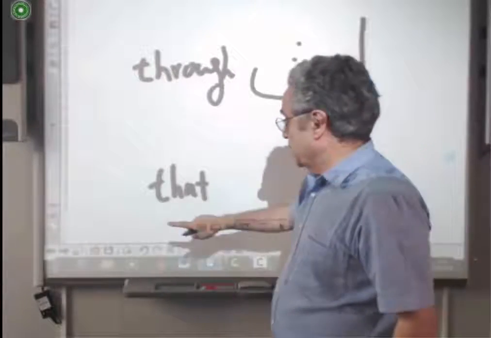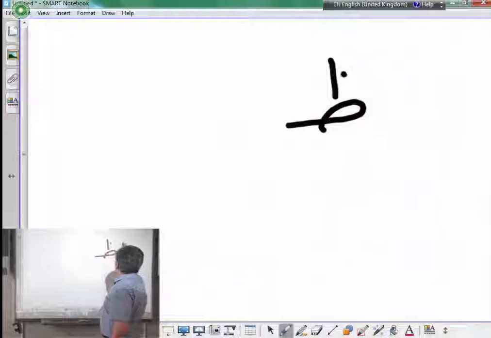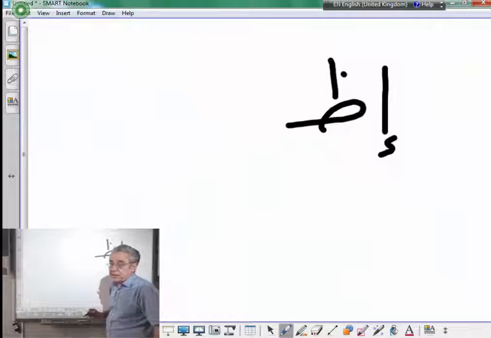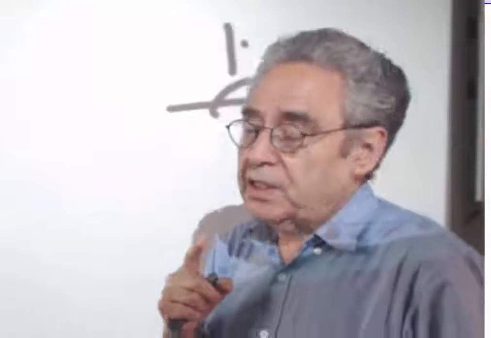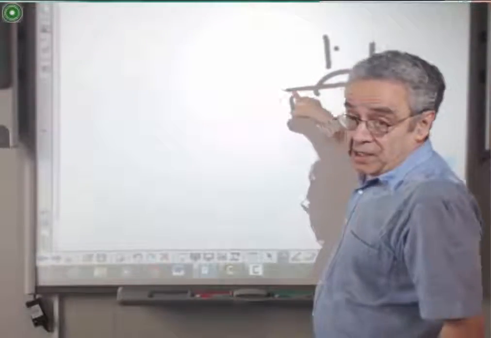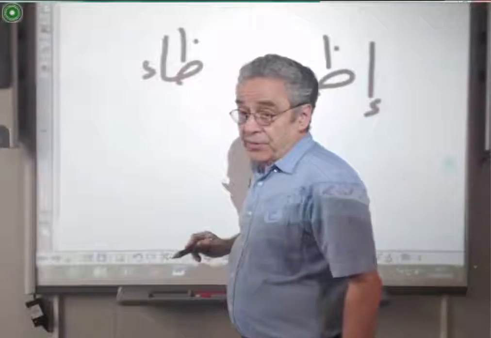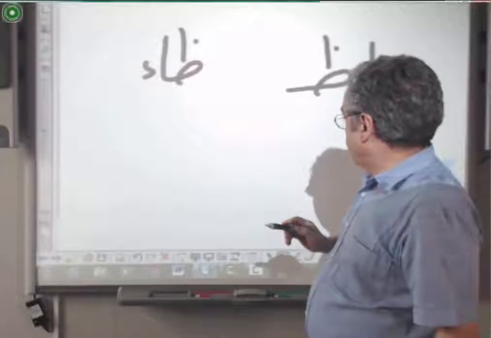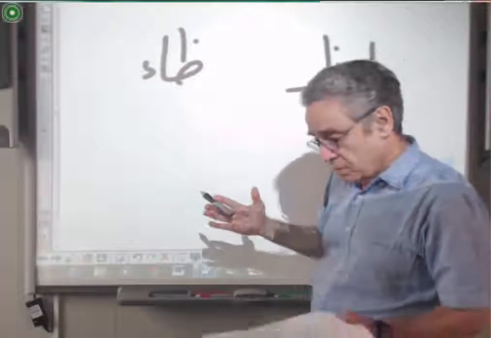So try it with me now. If, say it. If. So it gives me the letter va. This is the letter, I write it here, va.